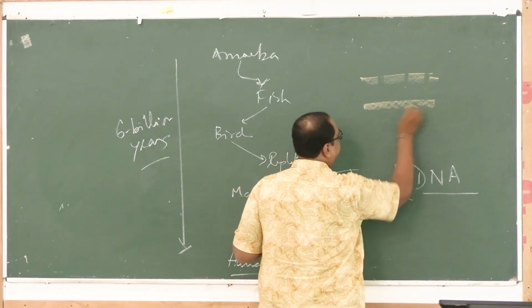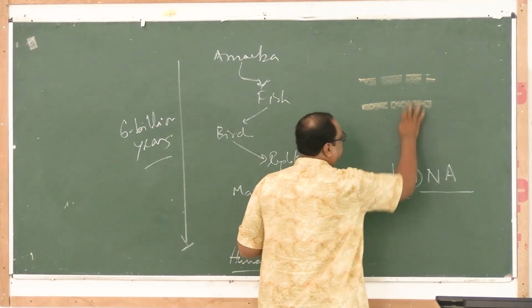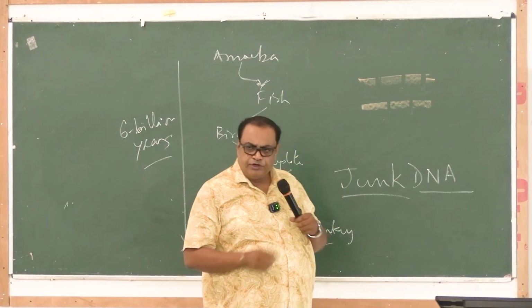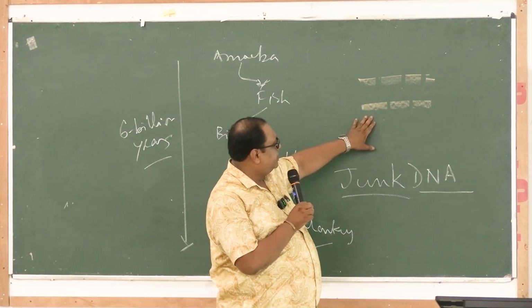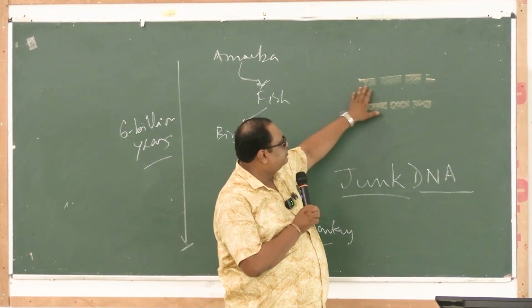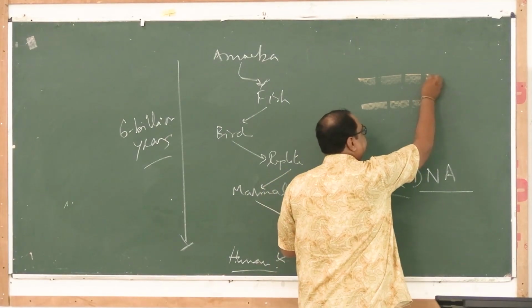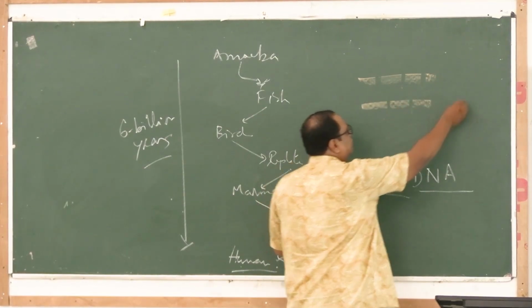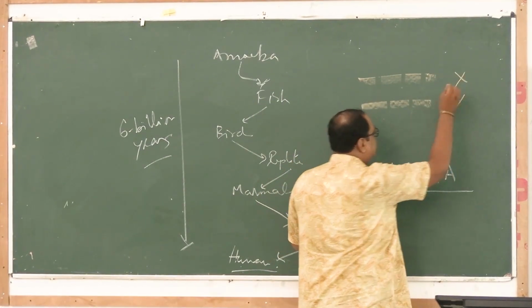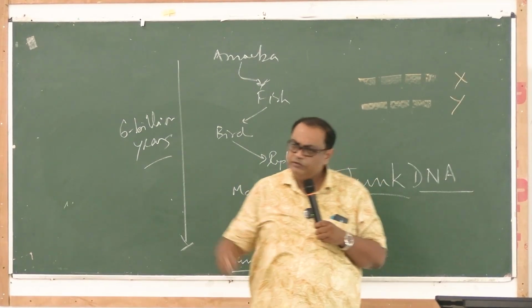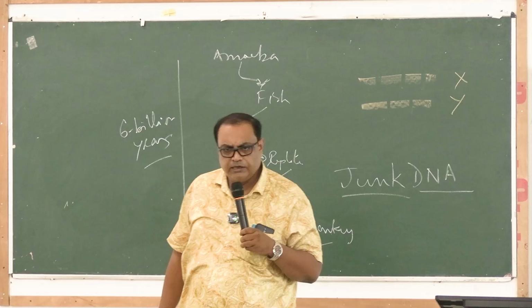Another DNA. The same group of enzymes produce 2 cuts, so 3 fragments, in one DNA, and produce 4 fragments in the other DNA. So this is X, 4, and this is Y, 3. So X is different from Y, correct?